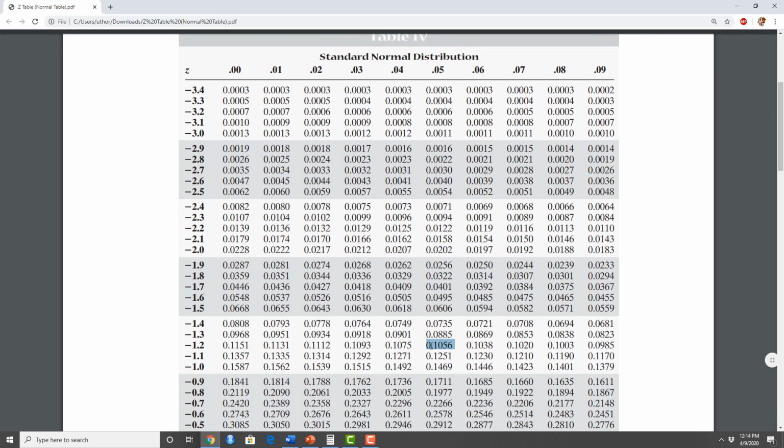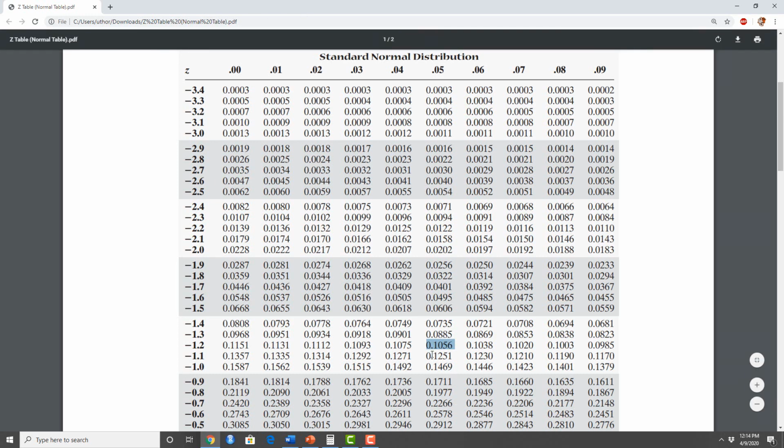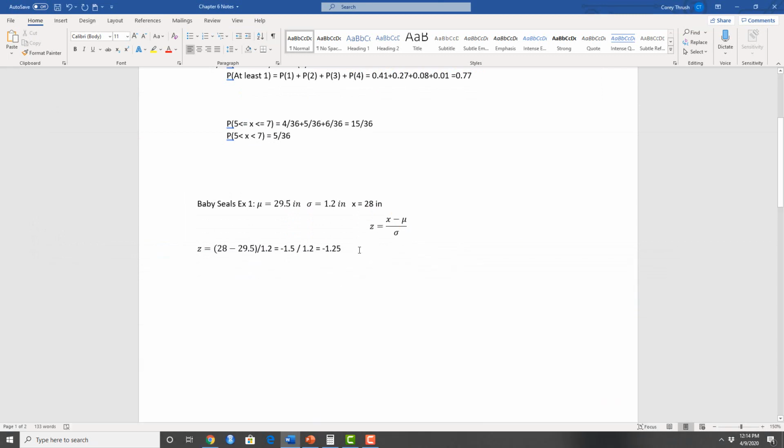So according to the table, we can assume that about 11% of newborn seal pups are shorter than 28 inches.